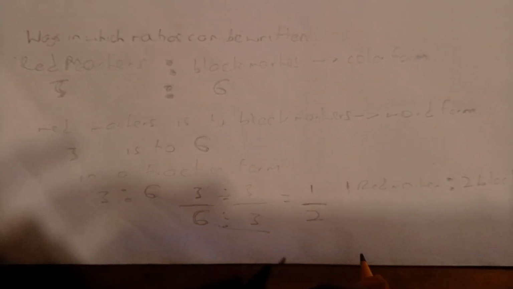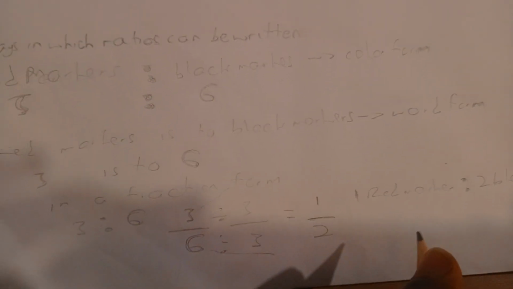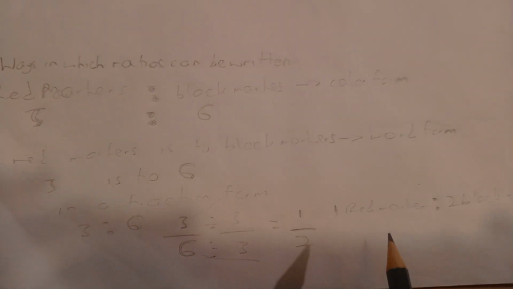So when you see a red marker, you must find two black markers. And when you see three red markers, you must find six black markers. That's how ratios work. They are used in comparing things. And ratio can compare more than two things, but the fraction form is used to compare only two quantities.